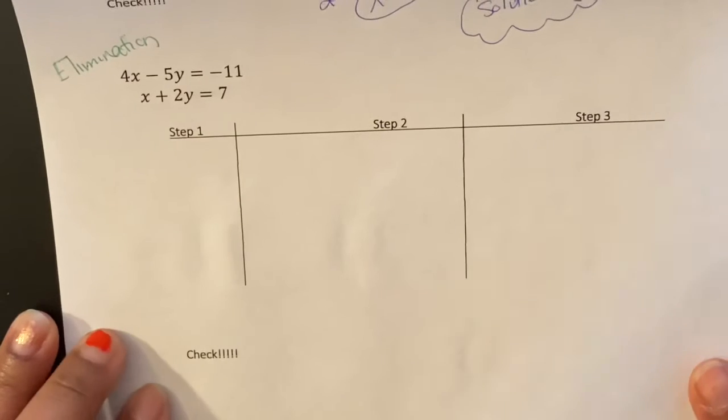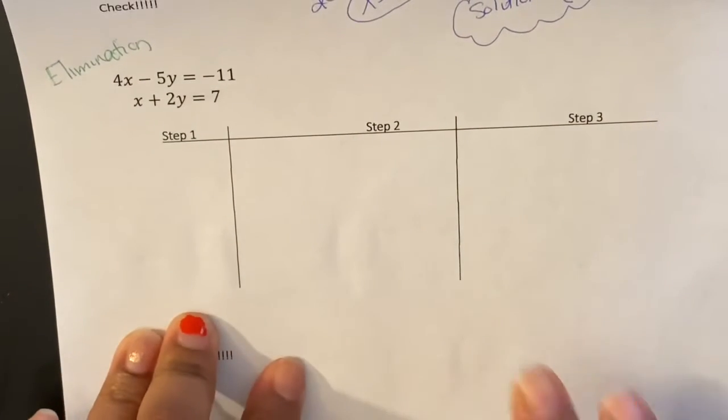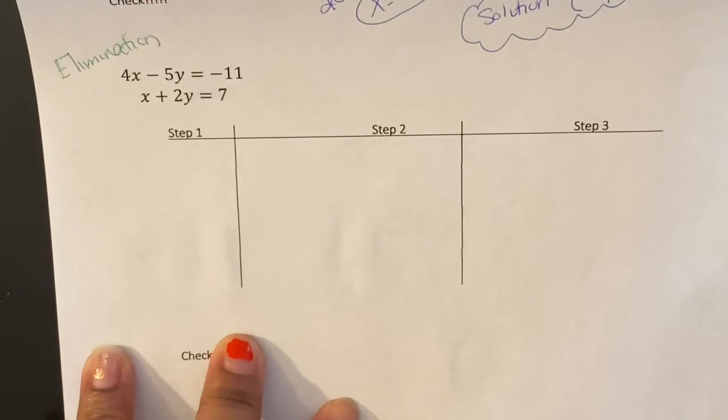All right. So with the elimination method, the goal is to eliminate a variable, x or y, by multiplying one or both of the equations by a number that makes the variable coefficient opposite sign but the same number.